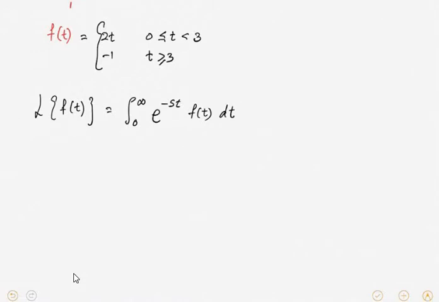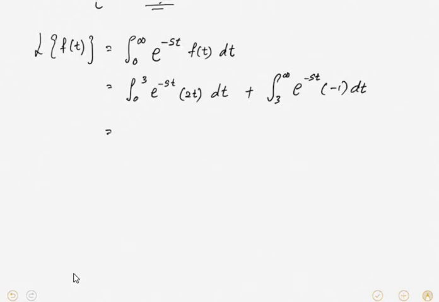So the f(t) here is 2t from 0 to 3, so we substitute the value 0 to 3, e^(-st), then f(t) is 2t dt, plus, and then 3 to infinity because t more than 3, so it doesn't mention up to where, so it should be up to infinity. So 3 to infinity, e^(-st), and then the f(t) is -1.